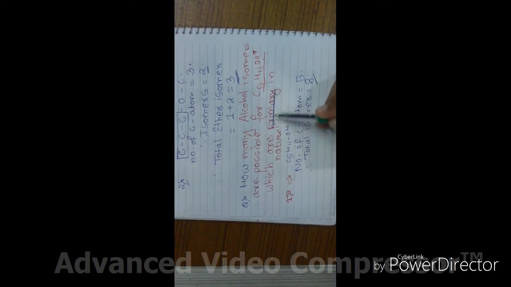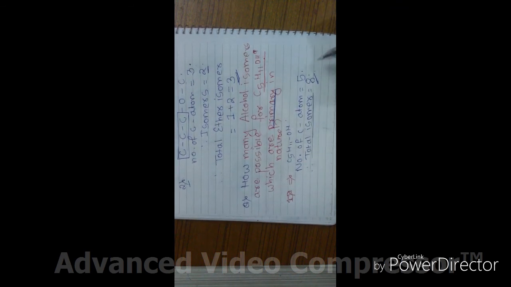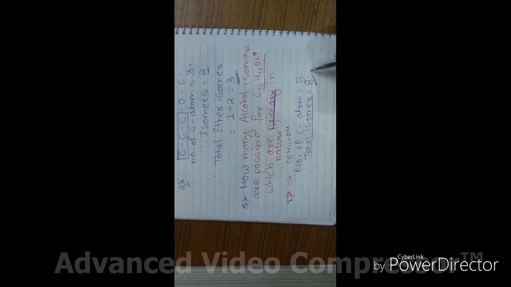So the total isomers equal 8. These include all primary, secondary and tertiary forms, but the question asks only for primary alcohol isomers. So this total represents all primary, secondary and tertiary, and we have to calculate only the primary isomers.